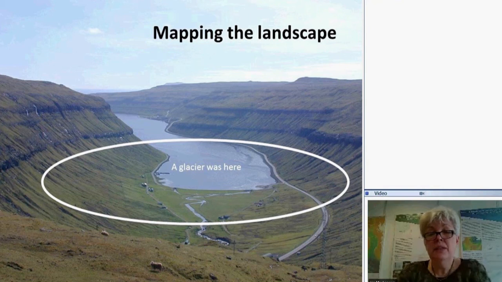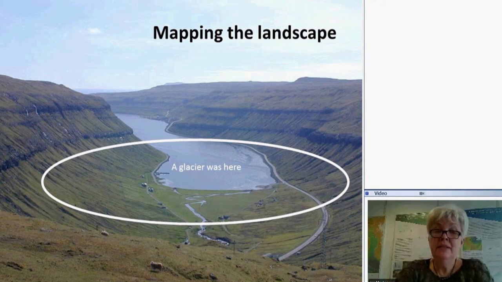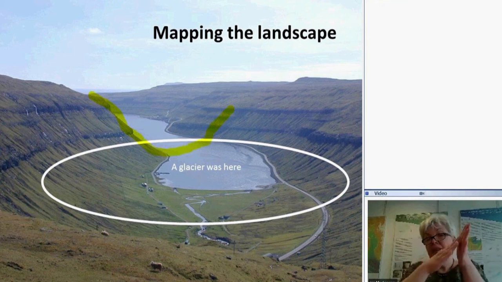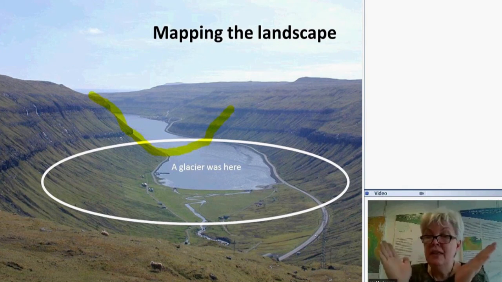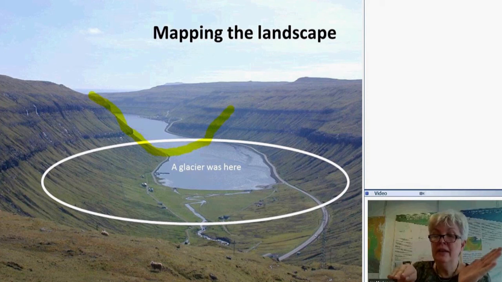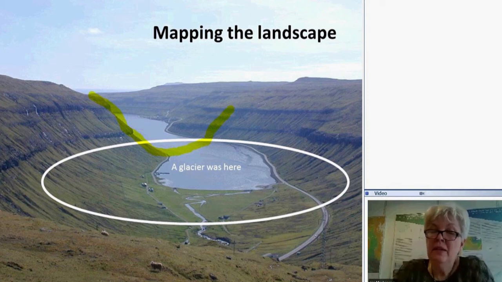And again, we look at the valley that we have seen a few times. We see the steep valley sides on both sides of the fjord, and we see this form is kind of a valley with steep valley sides and a broad valley bottom, and we call valleys like that U-shaped valleys.